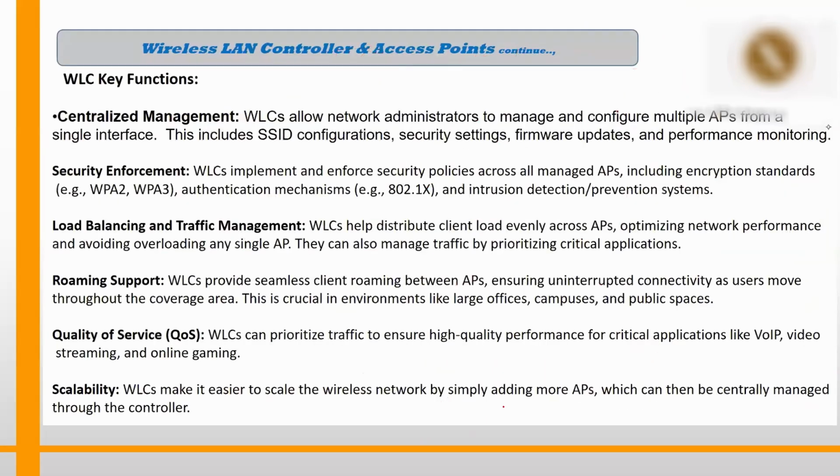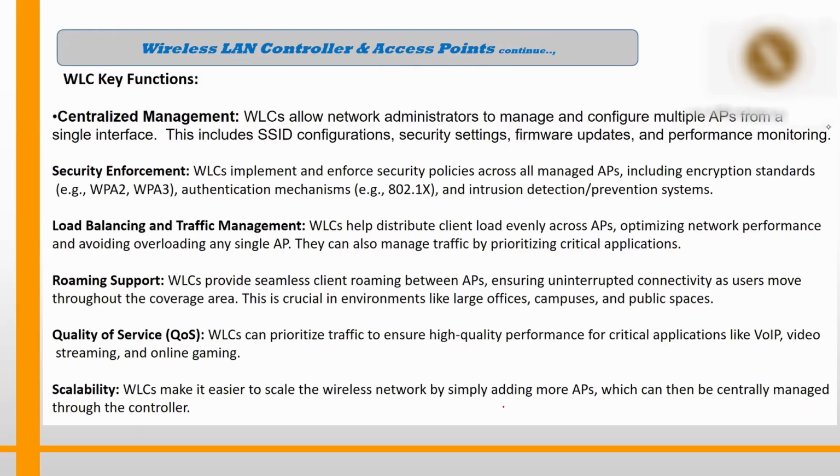What are the key functions? Centralized management, security enforcement, load balancing and traffic management, roaming support, quality of service, scalability. So when you have the WLC in your infrastructure, the scalability is good when you have the WLC as a master, and APs working as the eyes of the WLAN.